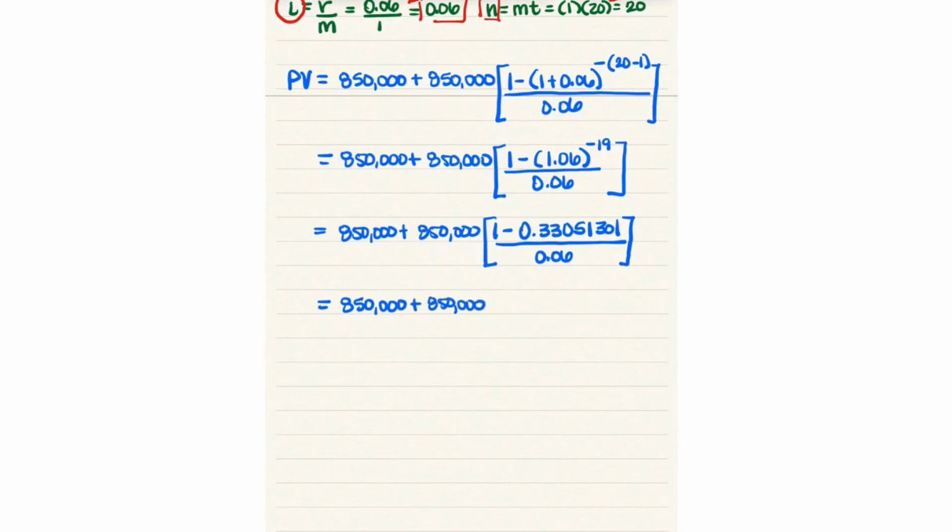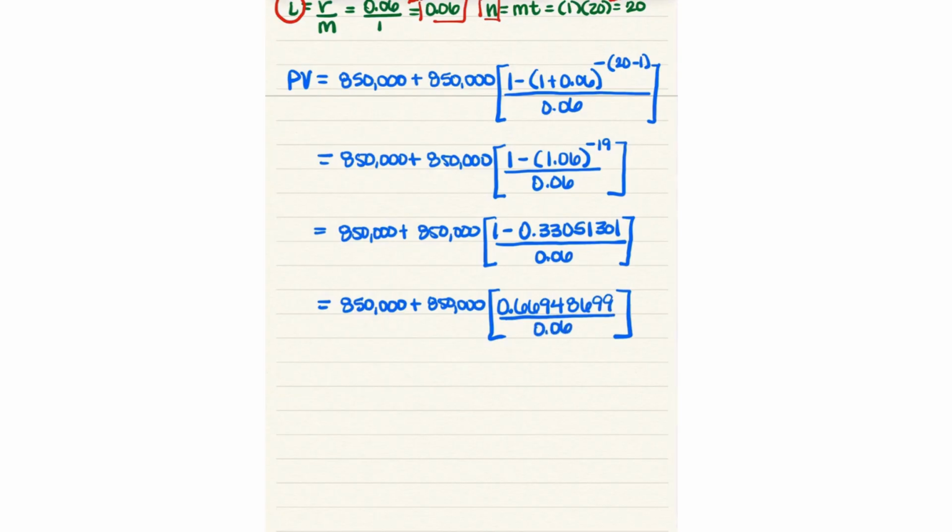So keep at least 8 decimal places. Now in your calculator, you're going to do this part, and you should get 0.66948699, and then you're going to divide that by 0.06.